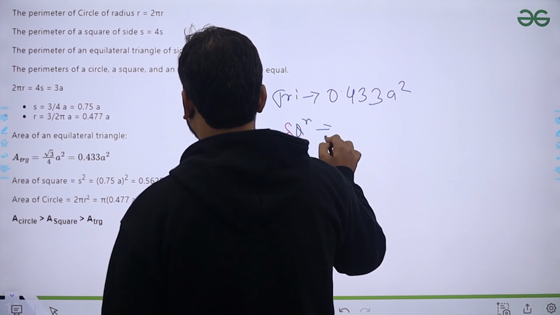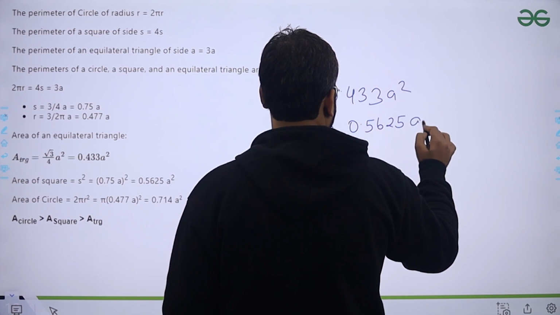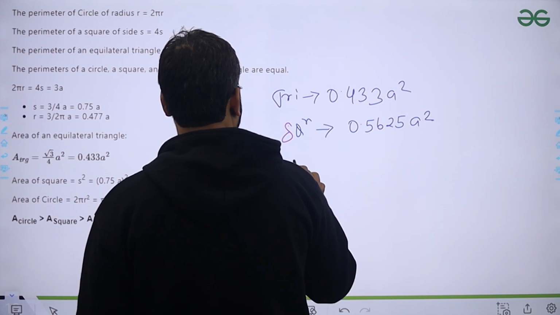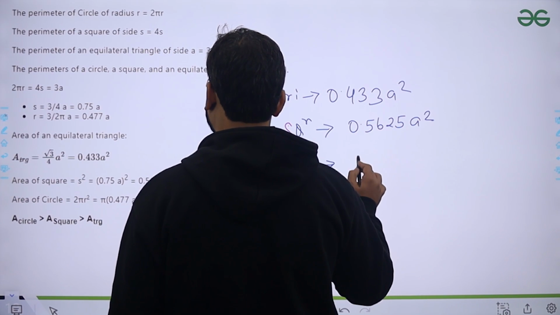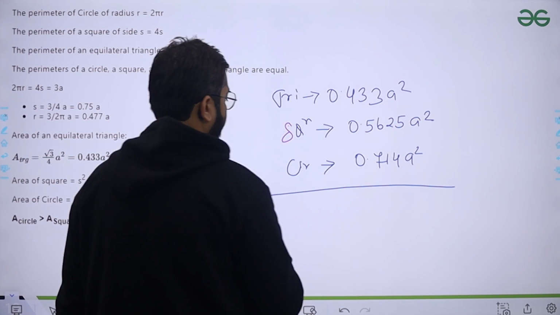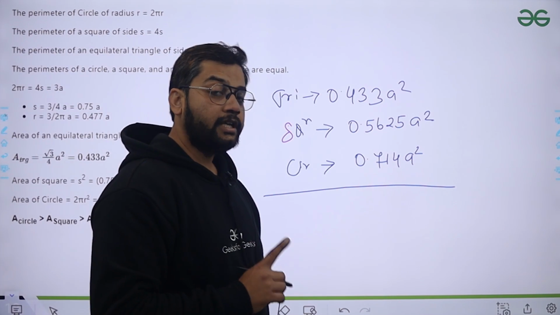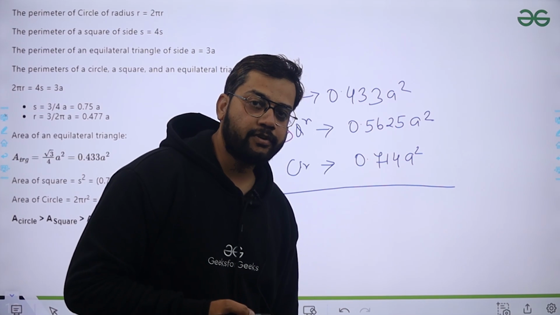For the square it's coming as 0.5625 a square. For the circle, it's coming as 0.714 a square. Now all the numbers are in the format of a square, not a single one is in the format of a cube or a.